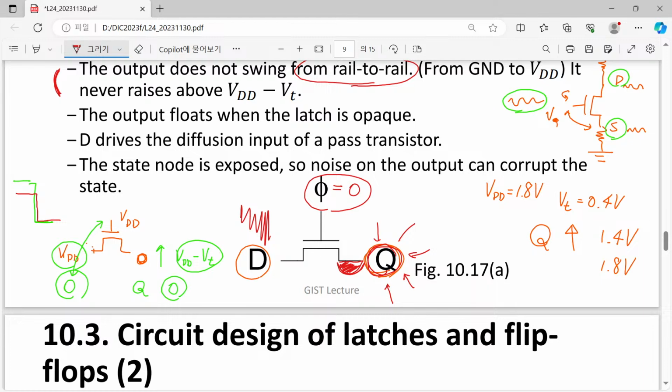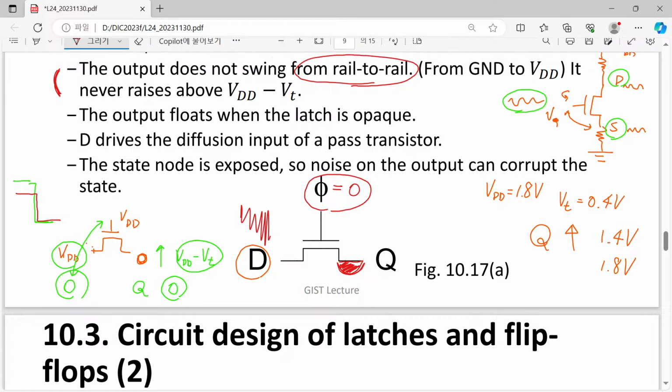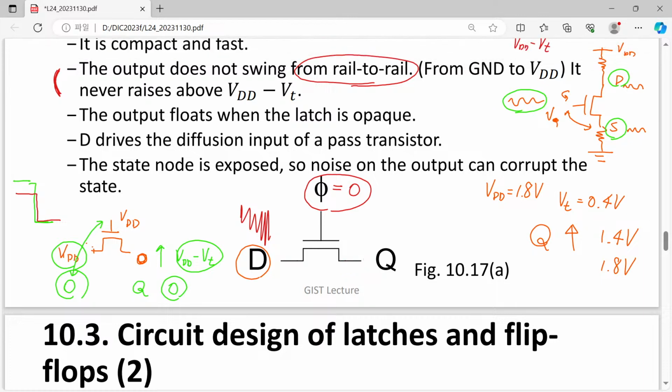So there is no memory effect actually for our Q value. Simply speaking, the output floats when we apply the 0 clock to our latch. So this is not a desirable behavior.